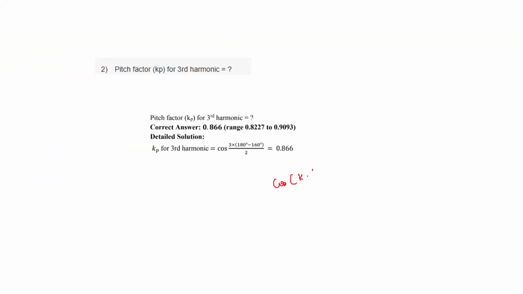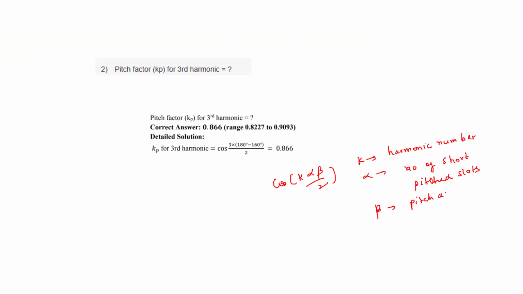Cos K alpha beta by 2, where K is the harmonic number, alpha is the number of short pitch slots. Okay. Beta we know. This is the pitch angle.